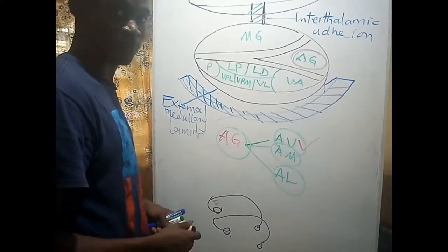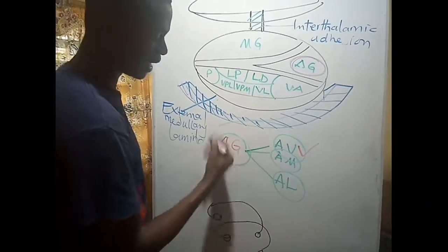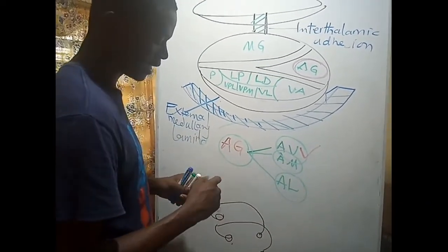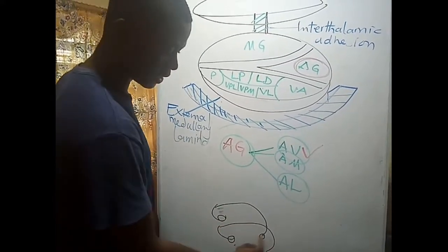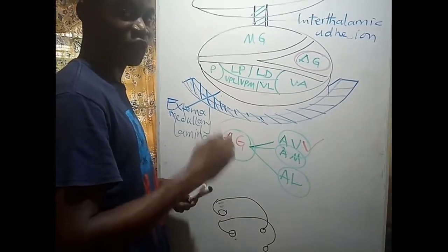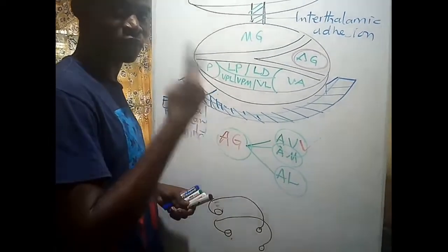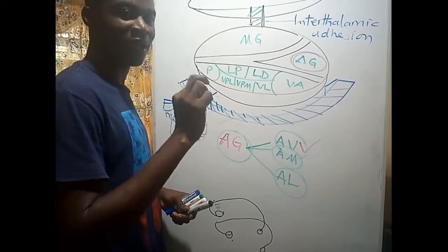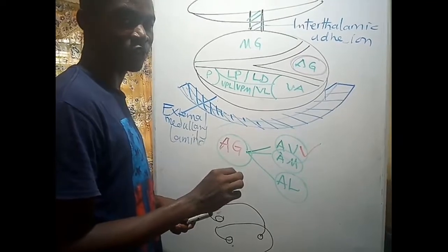Is that okay? So the afferent fibers of the anterior group nuclei come from the mammillary bodies. The mammillary bodies are shown at the end. Inside the mammillary bodies, we have 2 mammillary nuclei: the lateral mammillary nucleus and the medial mammillary nucleus.